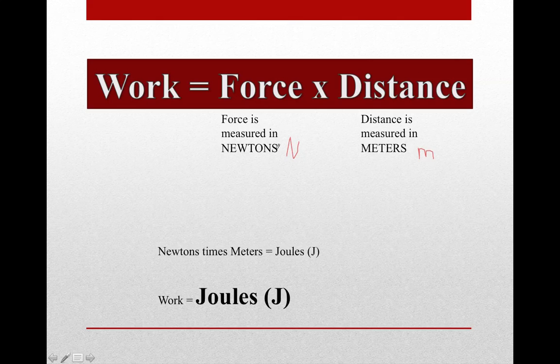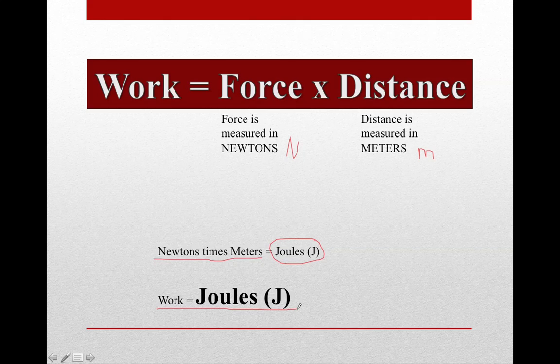So newtons and meters. Now, when we combine newtons and meters, we get something called a joule. Not the shiny things from the earth, but this is the unit for work. Joules, J-O-U-L-E-S. We abbreviate it with an uppercase J. So work equals joules.